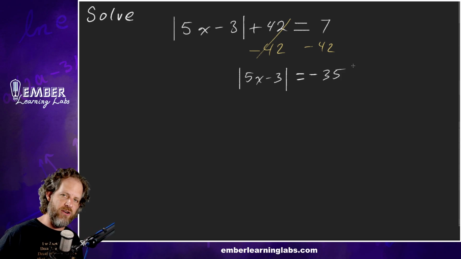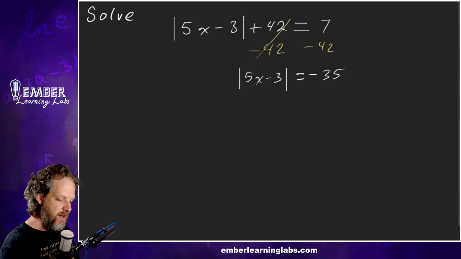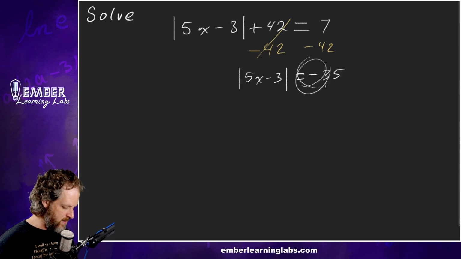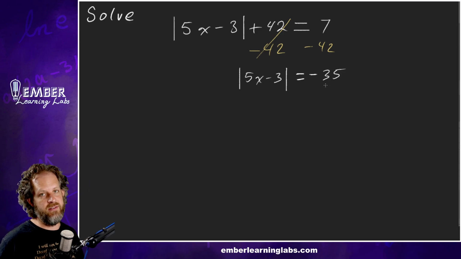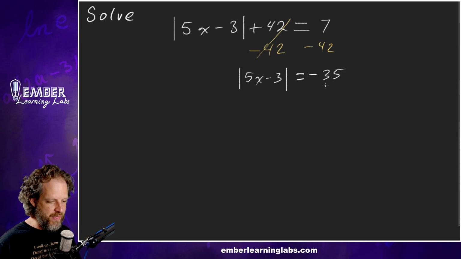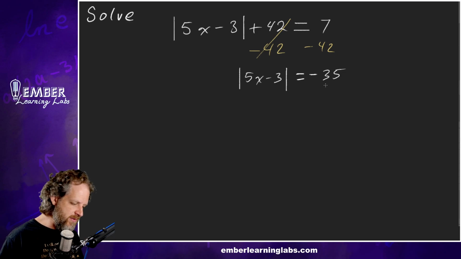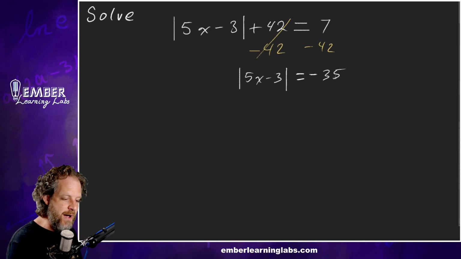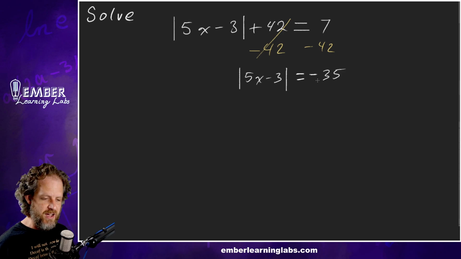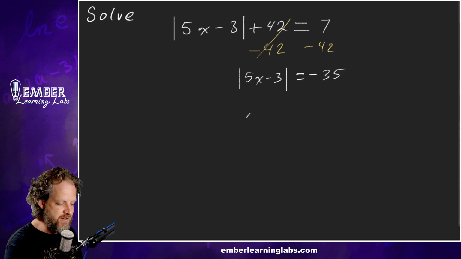How do I know that already? Well, I know it because of that right there. What does the absolute value do again? Absolute value turns whatever is inside of it positive. So is there any possible way to have the absolute value of something come out negative? No, there is not. Therefore, the answer is no solution.